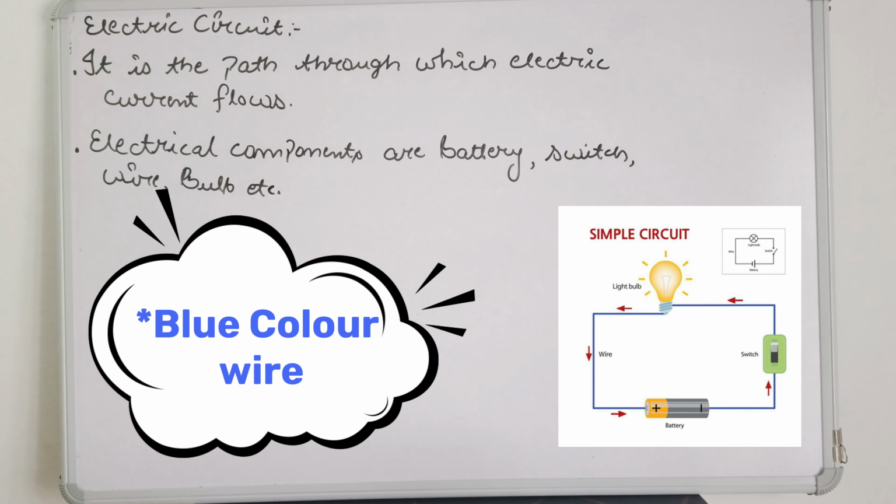If someone asks you what is a battery, battery is a combination of cells. Now this particular thing over here is known as key or switch. This is the battery.